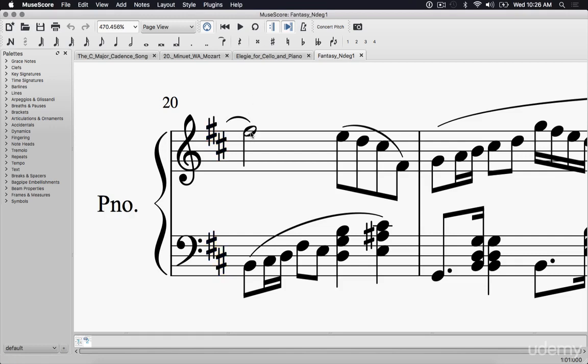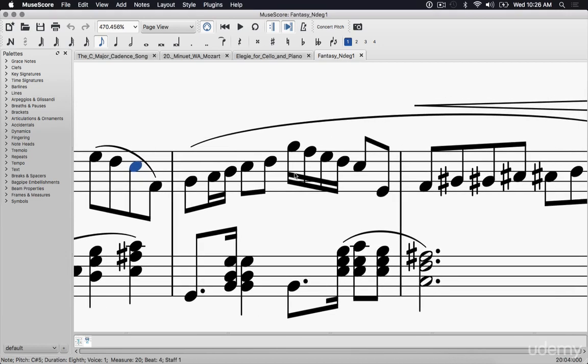That means all Fs that happen in this whole piece are going to be F sharps. This is what's tricky about playing one of these pieces sometimes, is that you have to remember the key signature always. So this is actually going to get played as an F sharp. This is going to get played as a C sharp because it's in the key signature. You always have to remember the key signature.